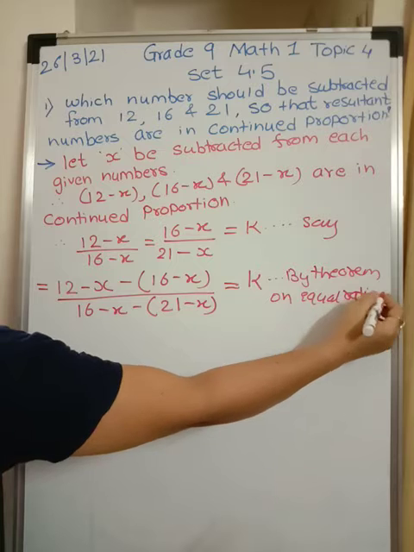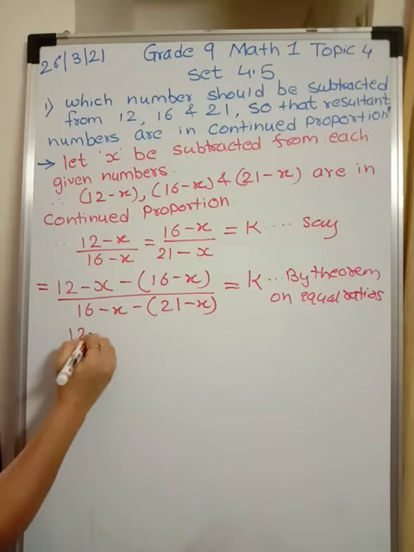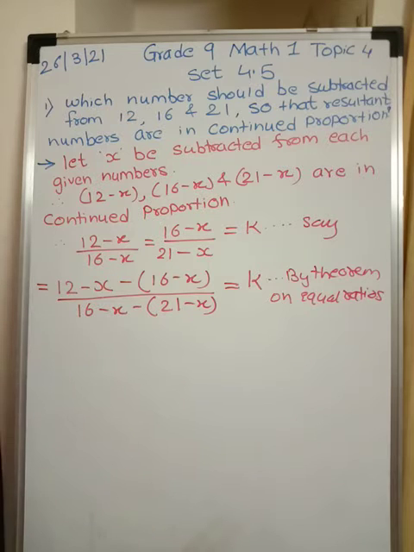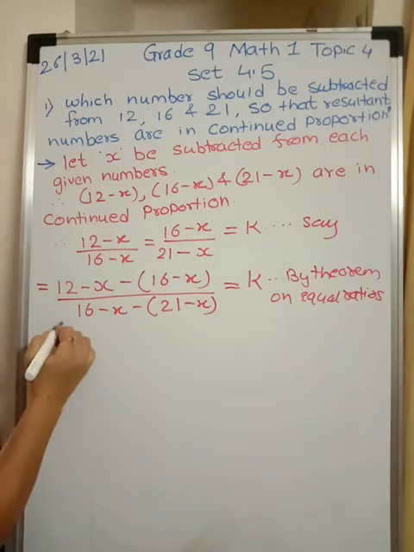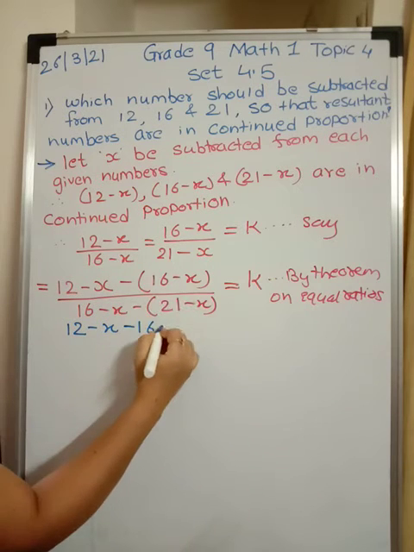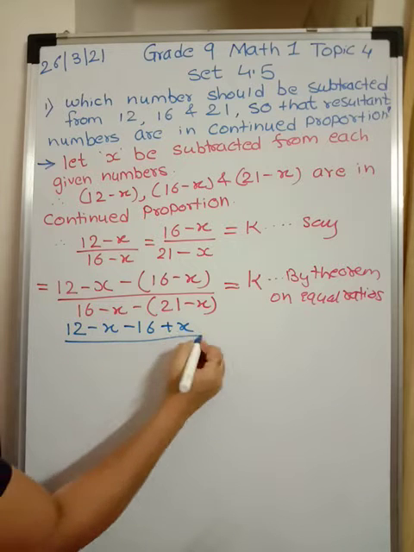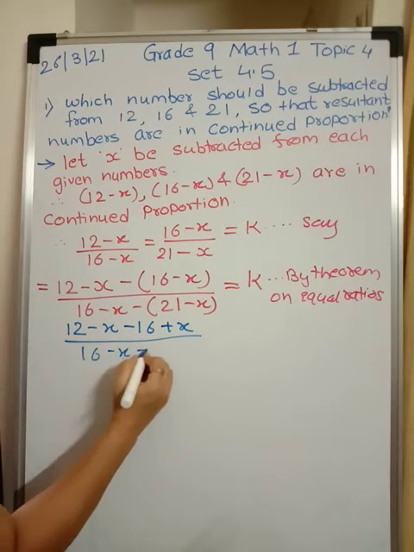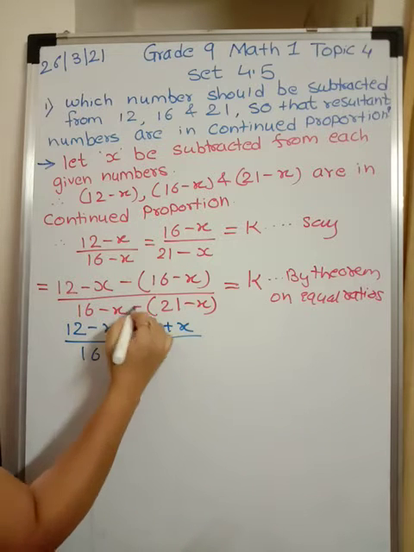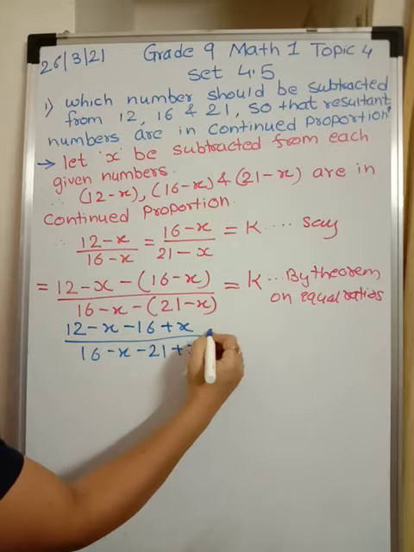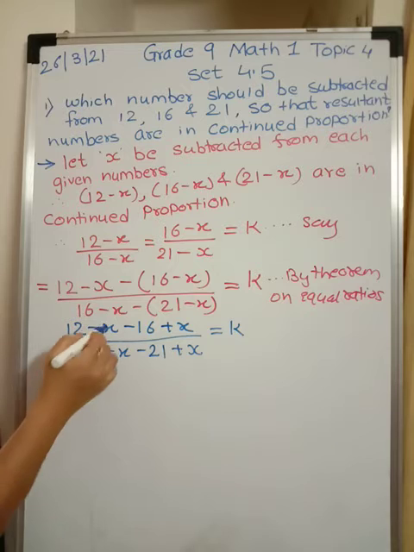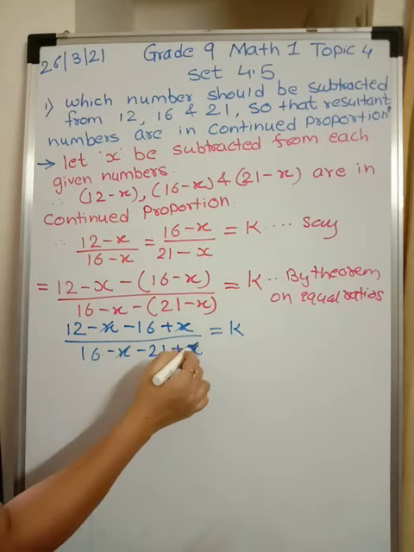Now let me open the bracket. What do I get? 12 minus x, I am subtracting this, so minus 16, minus into minus plus x, the whole upon 16 minus x minus 21, minus into minus plus x, would be equal to k. Now minus x plus x cancels.